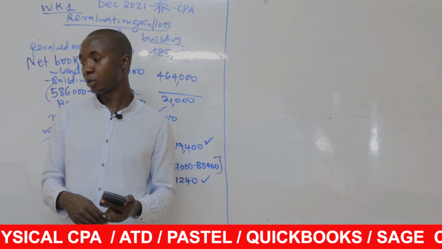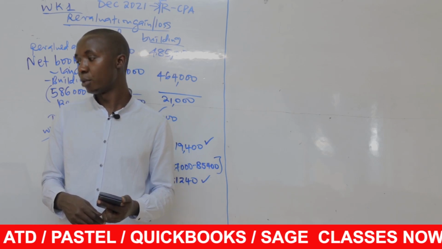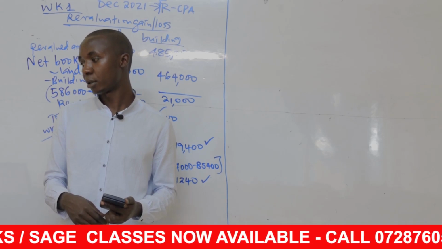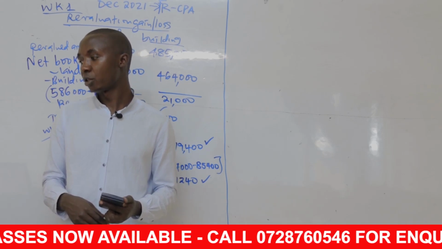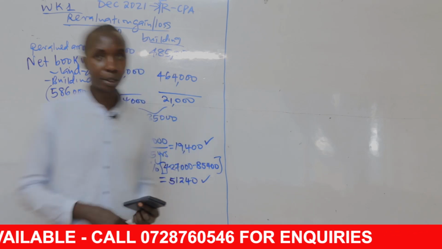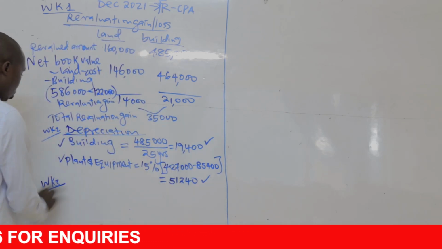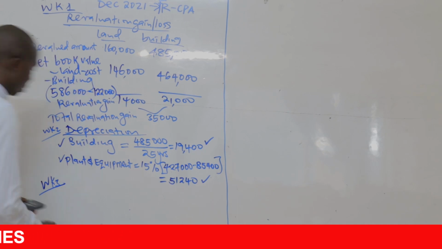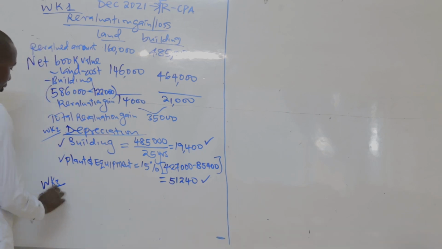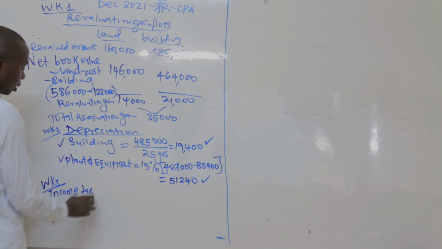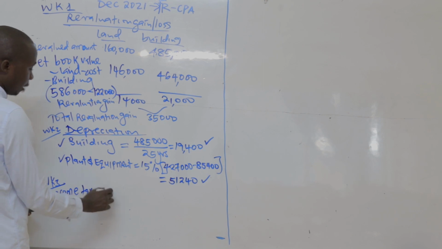As at 31st March 2021, the tax base of Baobab Limited's net assets was 292 less than the carrying amount. The income tax rate is 30%. So in short, in working number 3, what the examiner was testing is whether you understand doing tax while considering the current tax and the deferred tax.